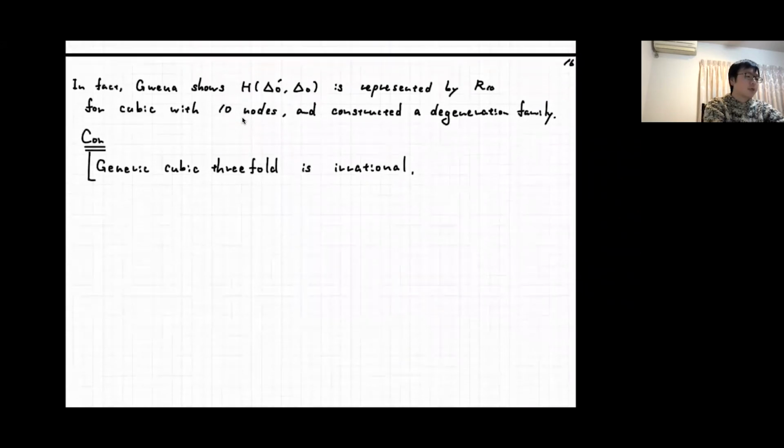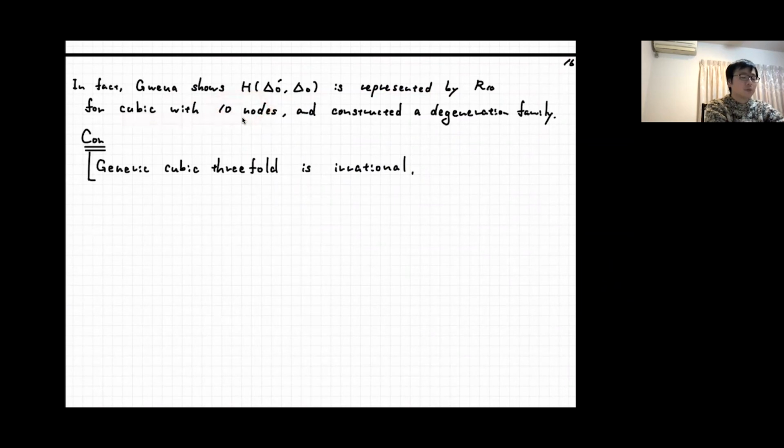And so finally, Gwena shows that this unimodular system H del 0 prime del 0 is represented by R10. I mean, it is neither a graphic nor a cographic matroid, for the case of the cubic with 10 nodes.